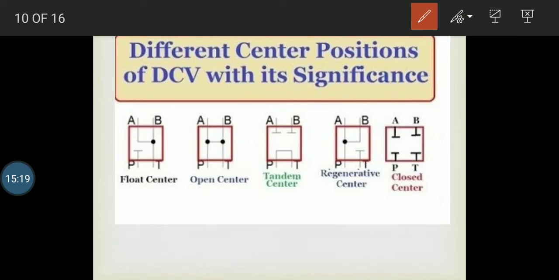Suppose I am having a floating center. The floating center will have one section closed and it is attached like this. Okay. For open center, we are having a direct open center which will look like this. Okay. Then tandem center means the opposite directions are closed and there is a return side. Suppose I am having a fluid which passes from here, it will just return going into the section and then returning to the original position.